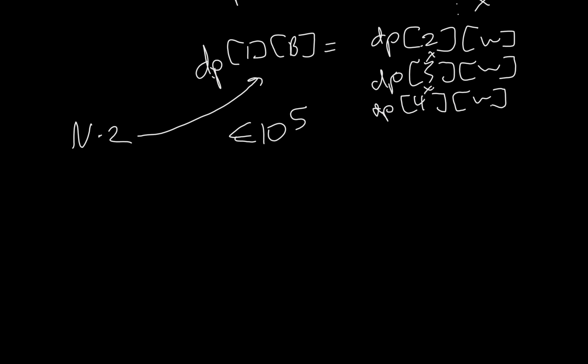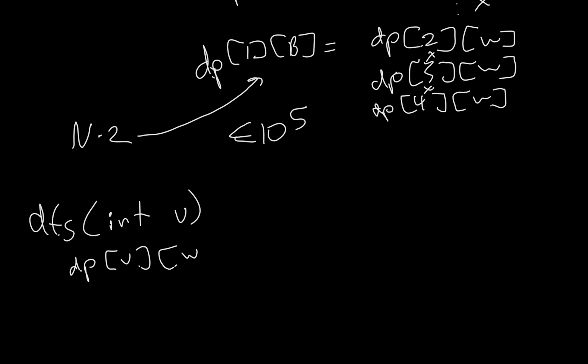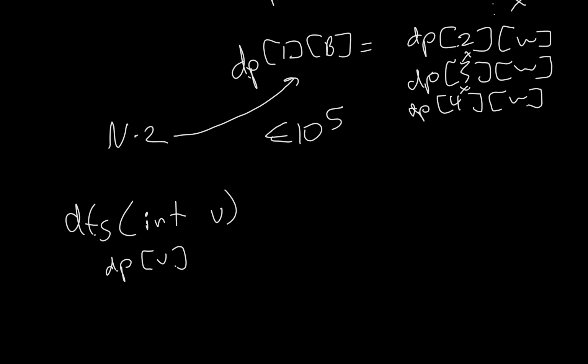So how would it look? You'd have a DFS with the vertex, int v. What you would do is initialize dp of v of white, let's say white is 0 and black is 1, to be 1, and dp of v of 1 to be 1.